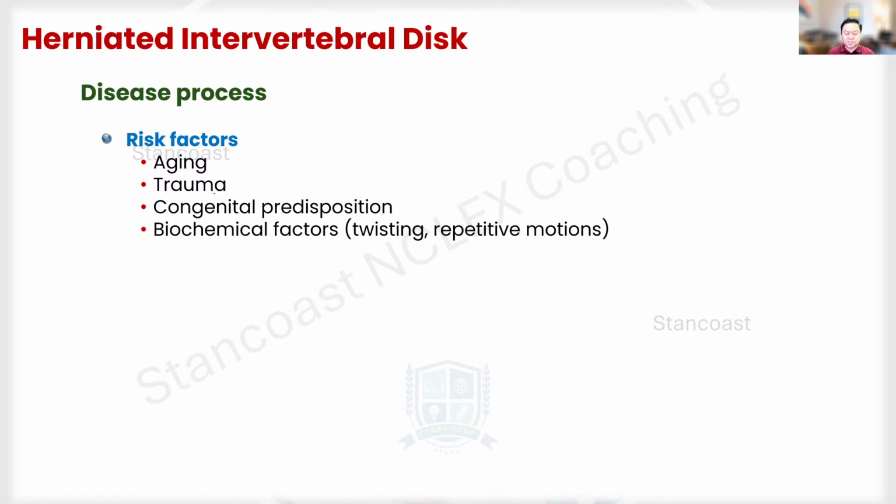Even nurses, yes, nurses are really prone to developing intervertebral disc herniation, especially if you're on your own and unable to get some help. Yeah, you are really at risk of developing the herniation, guys.